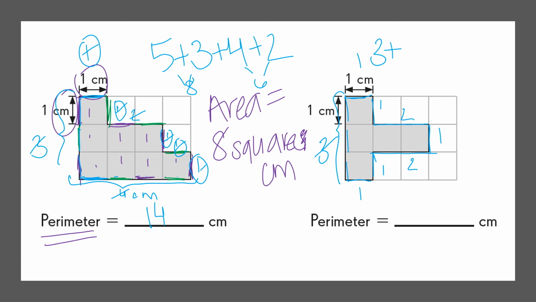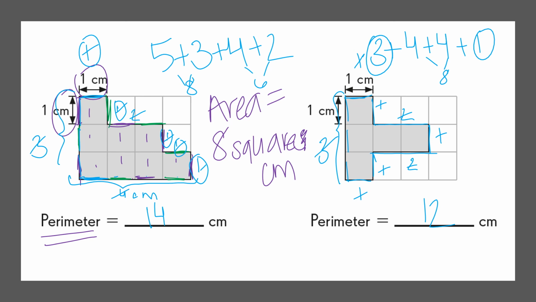So I use the 3, plus 1, plus 1, plus 2. So together that's 4. 1 plus 2 is 3, plus 1 more is another 4. And then I have this one up here. So those together are 8 plus 4, those two is 12 centimeters.